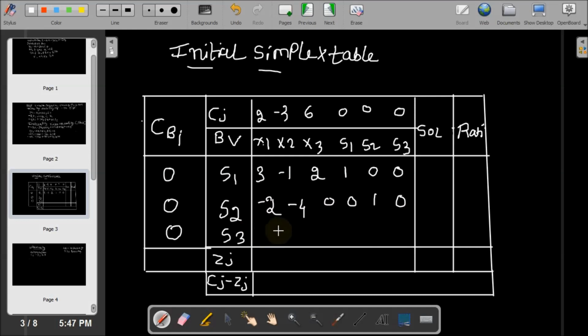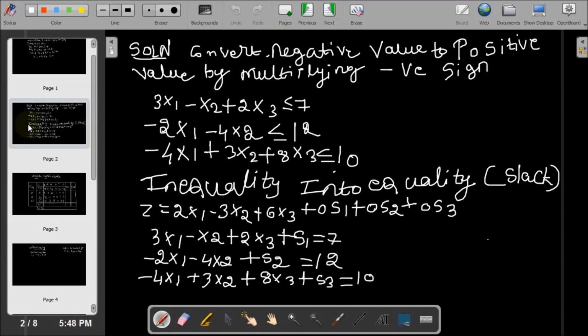In the same way, for s3: 3, minus 4, next 8, 0, 0. But s3 is there in the third constraint, the value is 1. So you can see these coefficient values I have written here.